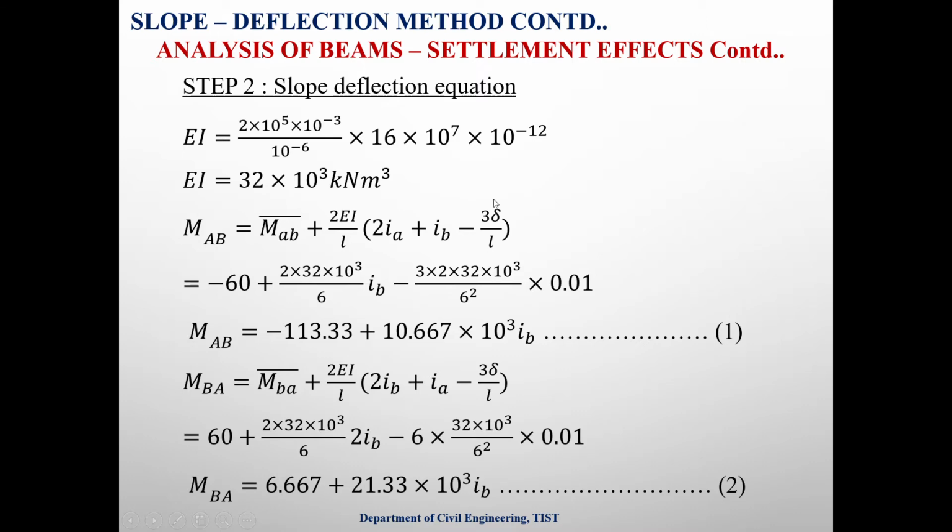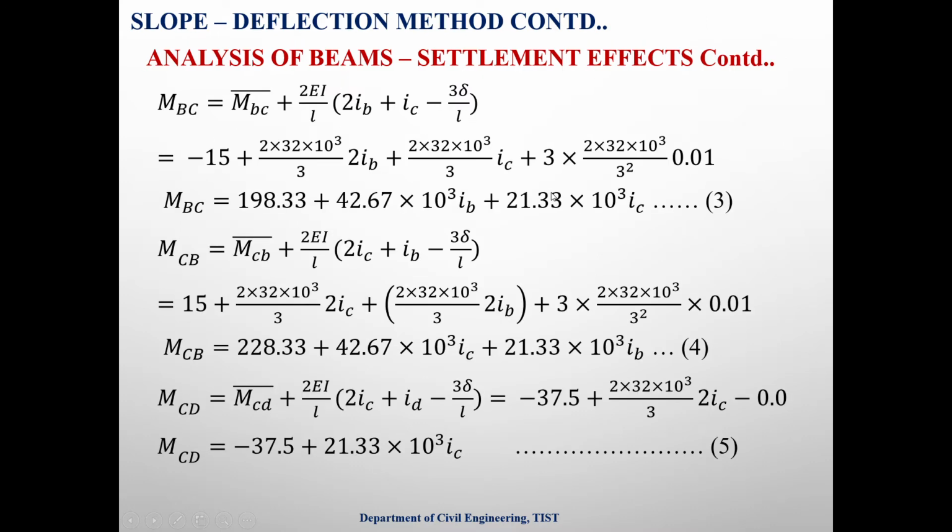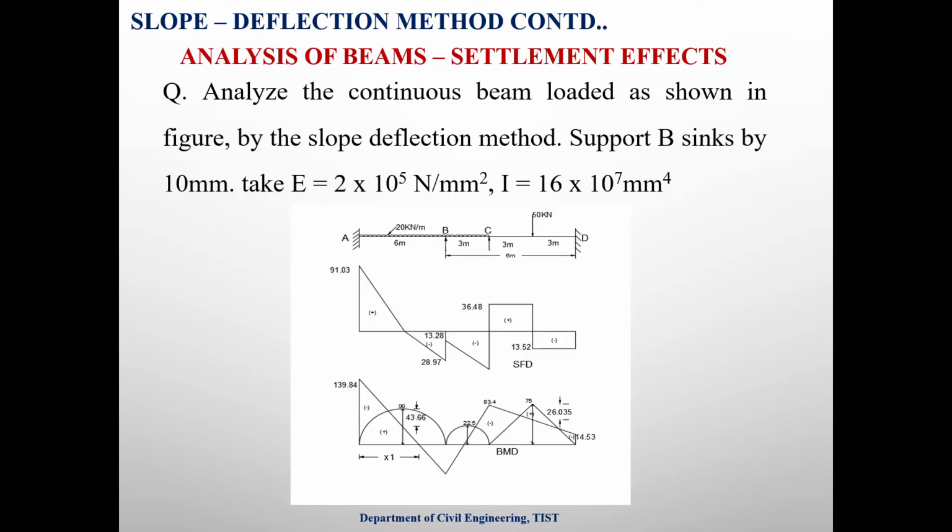Then what is the value of delta? In the case of AB, you can look into the figure. The support B sinks by 10 mm, which means the right support is below with respect to the left support. As per the sign convention, when the right support is below with respect to the left support, the value of delta is positive.